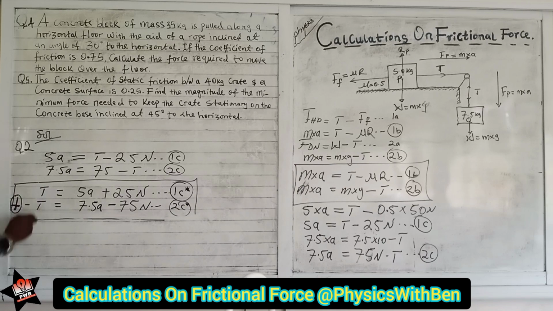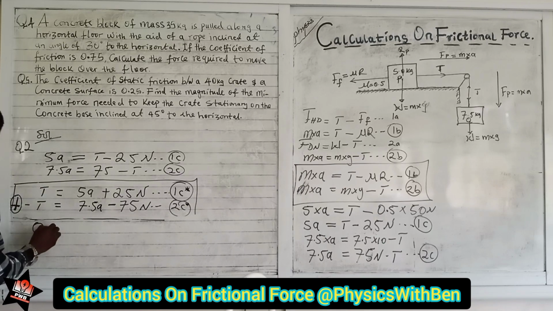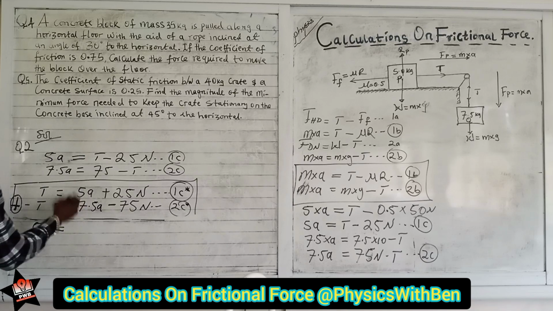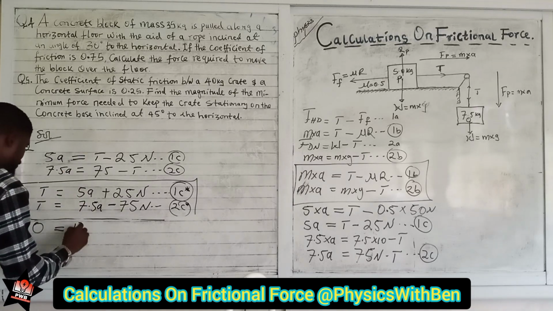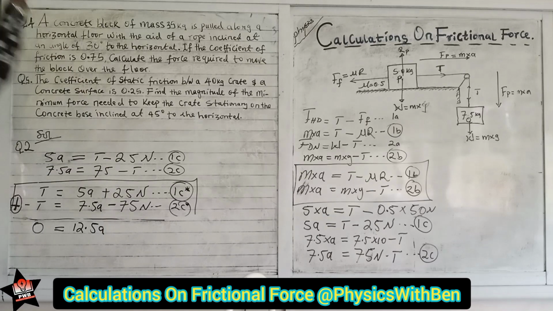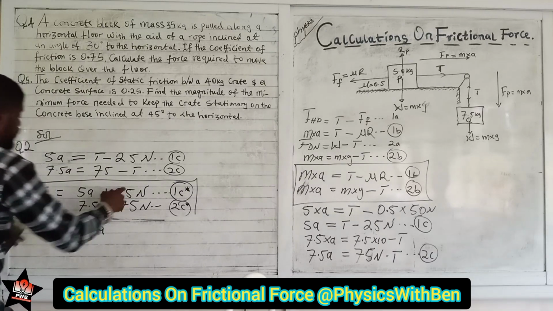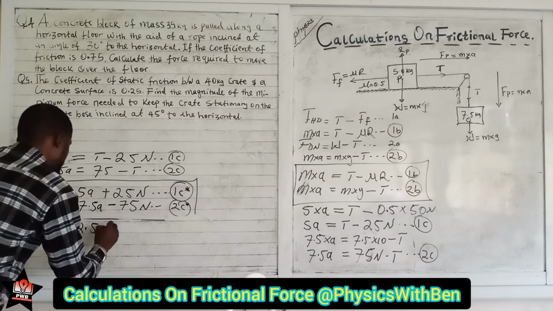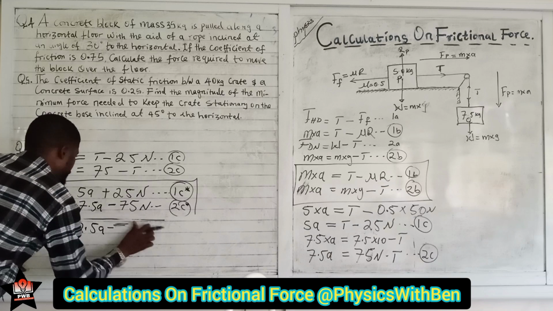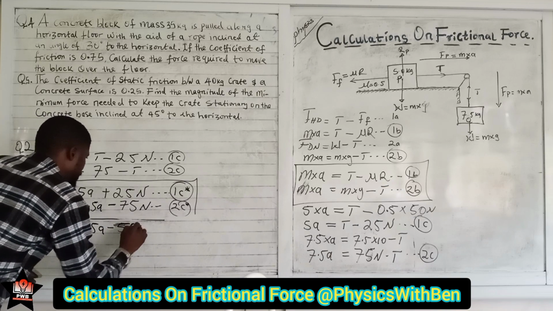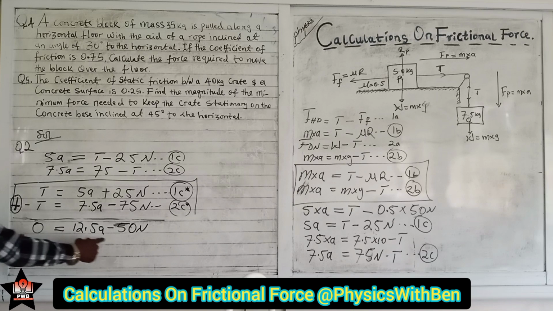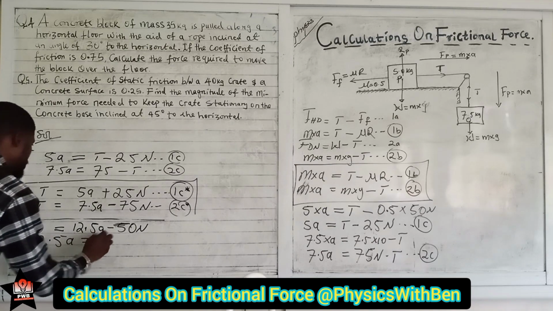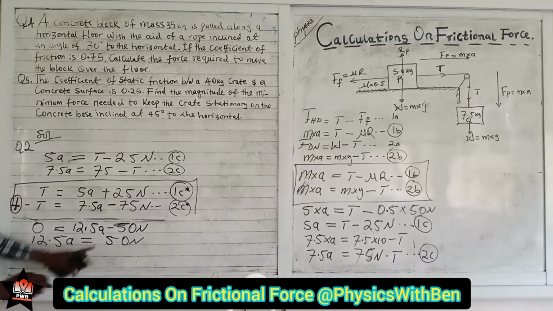So this plus this will give us 0 here. We have 12.5A. This 25 plus minus 75 will give us minus 50 Newton. So at this point we say that 12.5A is equal to 50 Newton.